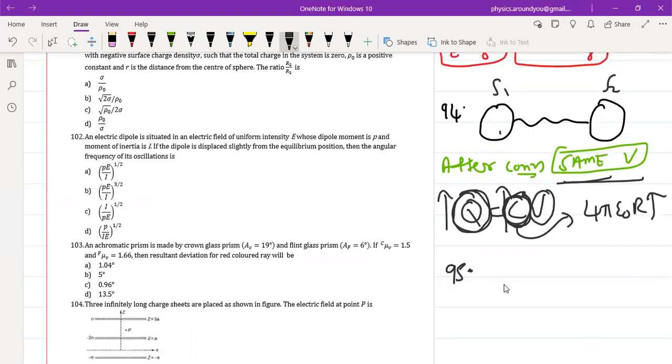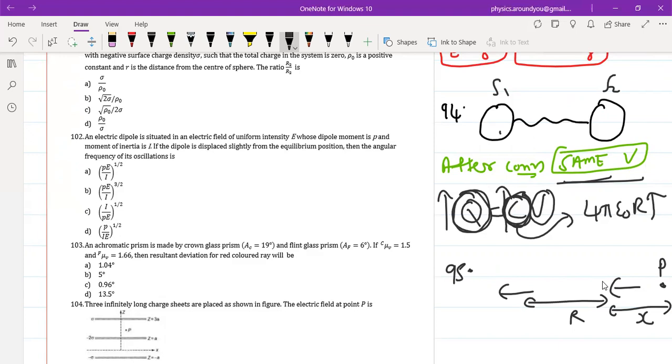There are two dipoles, each oriented like this, minus I cap. The distance between them is R. At what point, let's say point P at a distance of X from this, is the potential due to both dipoles the same?